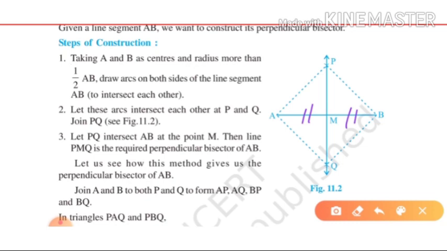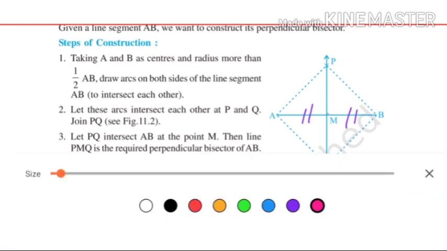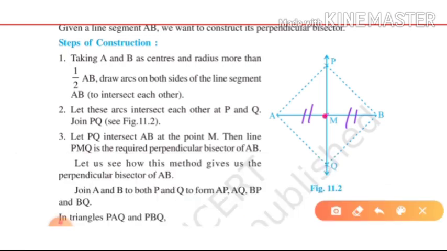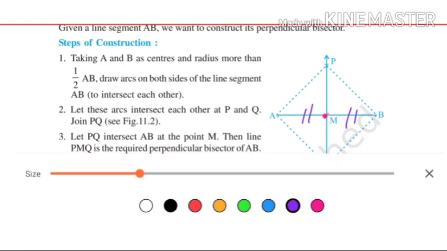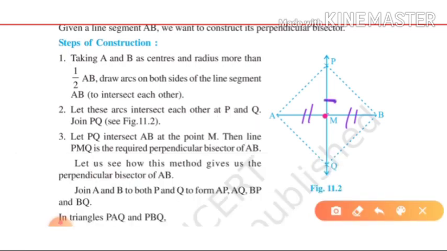That means AM is equal to MB. That means M is the midpoint of AB, and also this angle is equal to this angle, and we know AMB is a straight line, so these two angles are equal.